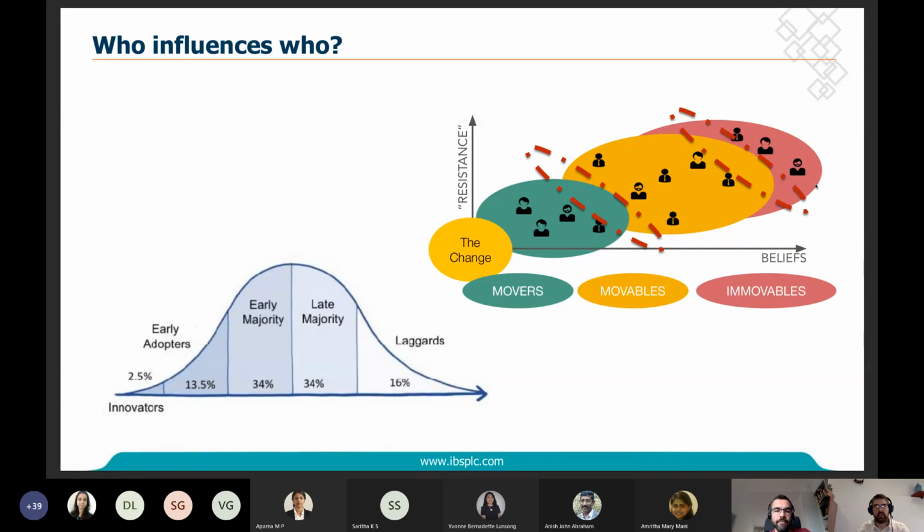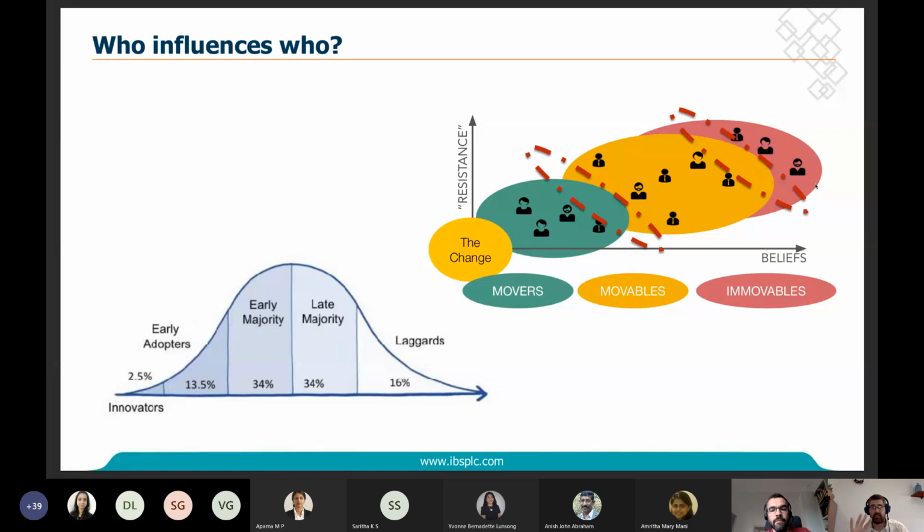And here, if we go to the other graph, which is the Rogers adoption curve, we have the people, as Danny mentioned: the innovators, the people that are happy to do those changes, the early and late majority, and then the laggards. To add to that, it's possible that the laggards never change. It's possible that they don't want this change, and they may resist until the very end, until there's actually no other option but to go for that change.